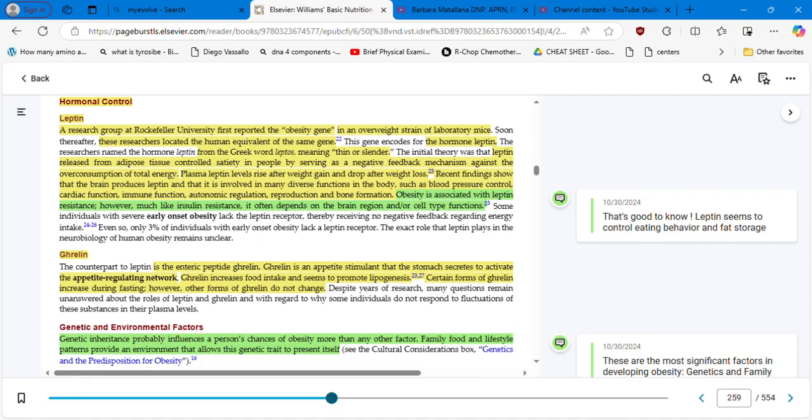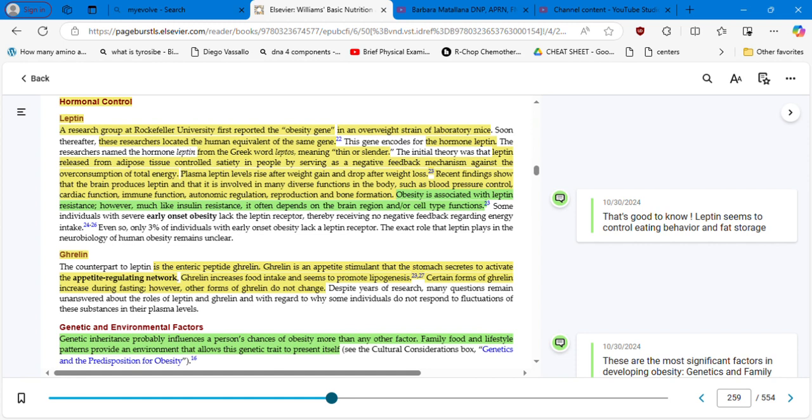So plasma leptin levels rise after weight gain and drop after weight loss. Again, plasma leptin levels rise after weight gain. So when you are overweight or obese, leptin is going to rise, and drop after weight loss.